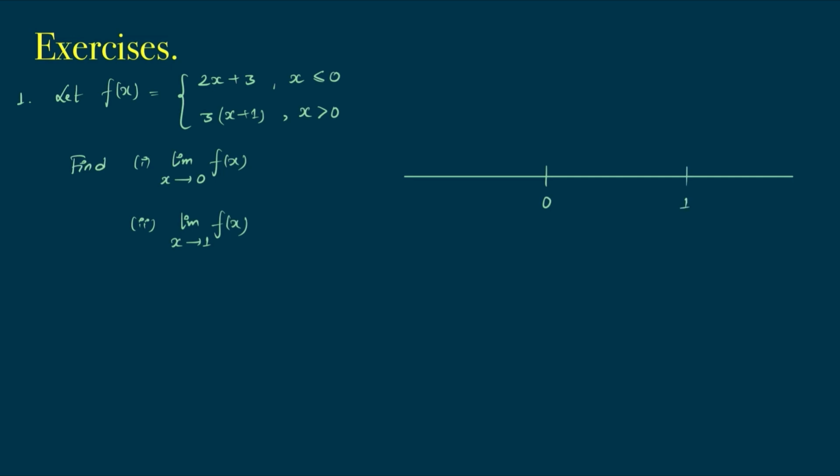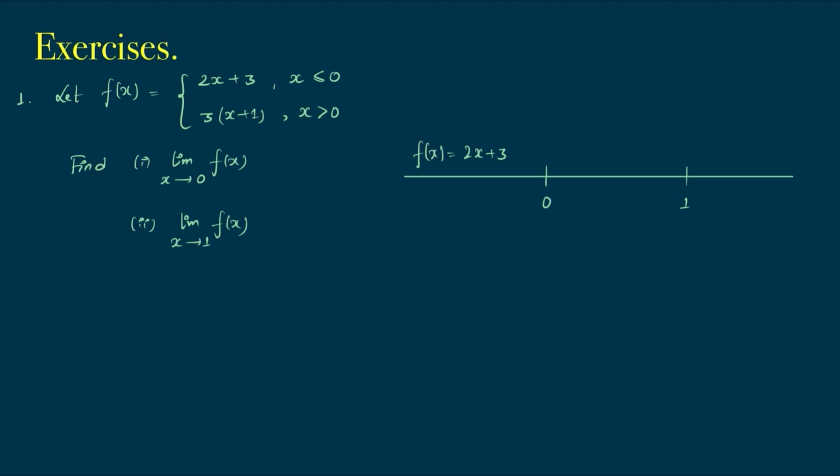Now the function f(x) is 2x plus 3 when x is less than or equal to 0, from this point 0 itself to minus infinity. So this time the function f(x) will be 2x plus 3. I want you to draw a number line initially while practicing, because this will give you a clearer picture.